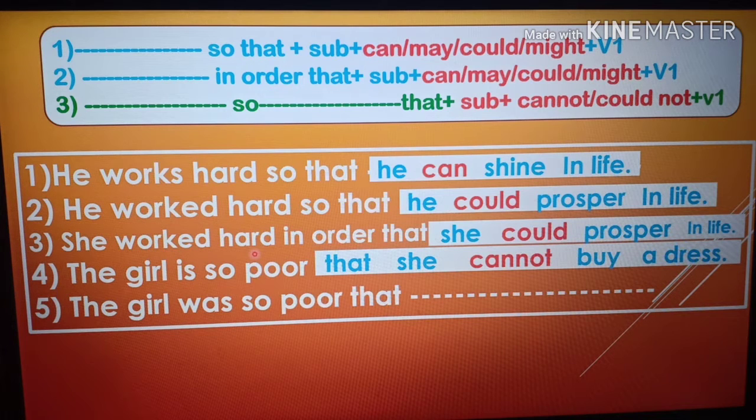And then last one, the girl was so poor that. This is just like the fourth one, but the tense is different. The girl was so poor that, this is in past indefinite.